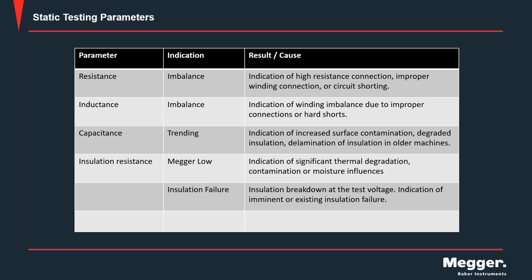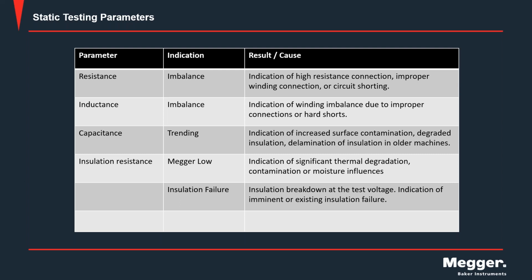It is an indication of winding imbalance due to improper connections or hard shorts. Again, we're looking for balance between the 3 phases. Capacitance, we get one number, and in that one, we're going to trend over time. And if you have an increase in surface contamination, we'll see that as an increase in capacitance. Oftentimes, we'll also see degraded insulation, the elimination of insulation in older systems.